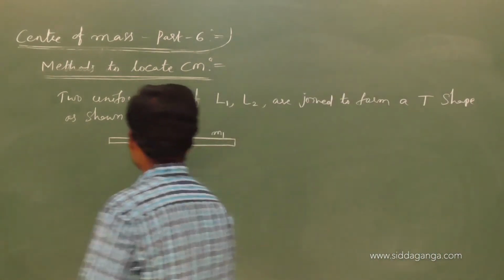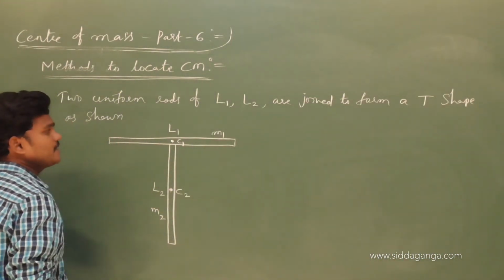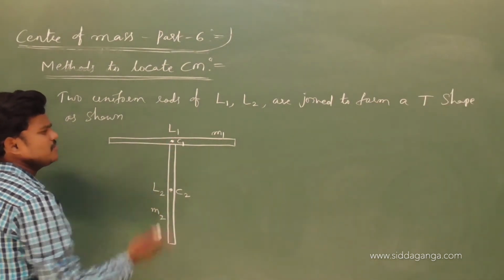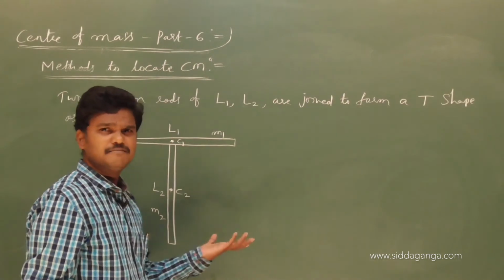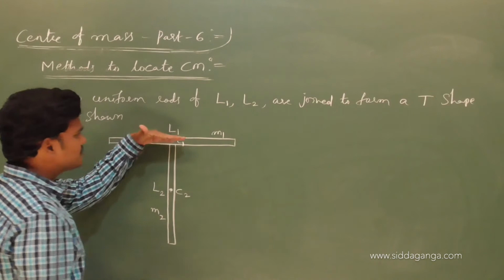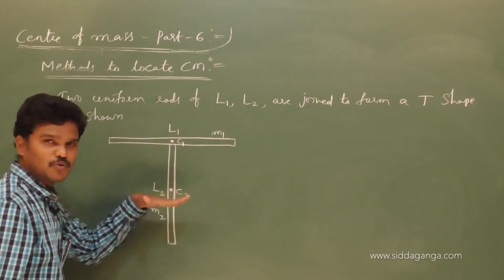So here, let me find the distance of the center of mass from the first rod. Once we know the distance of the center of mass from the first rod, we can get the distance of the center of mass from the second rod also. Let me get the distance of the center of mass from C1, from the first rod.